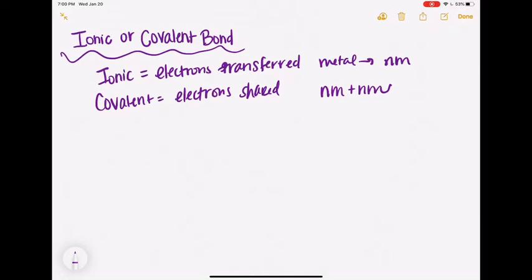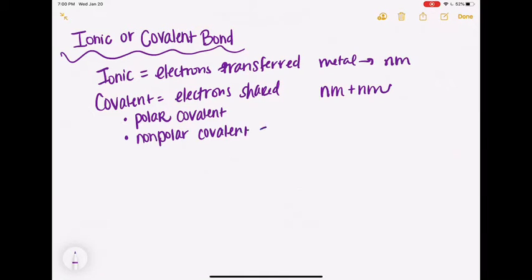Now, in our ionic and covalent bonds, let me go back. Covalent bonds, there are two types of covalent bonds. The first is called a polar covalent bond, and the second is a nonpolar covalent bond.